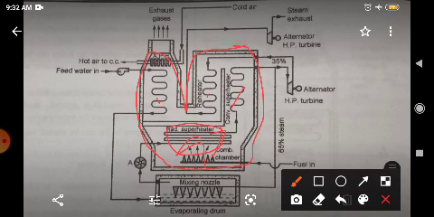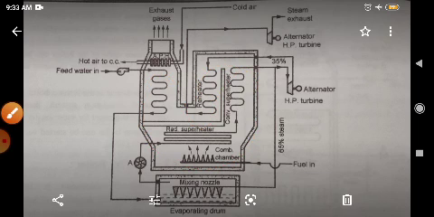Because of this, if the liquid, or water in liquid form, is fed in this particular portion, the problem of scale formation may occur. But in this particular boiler, a change is made over here to minimize that problem.